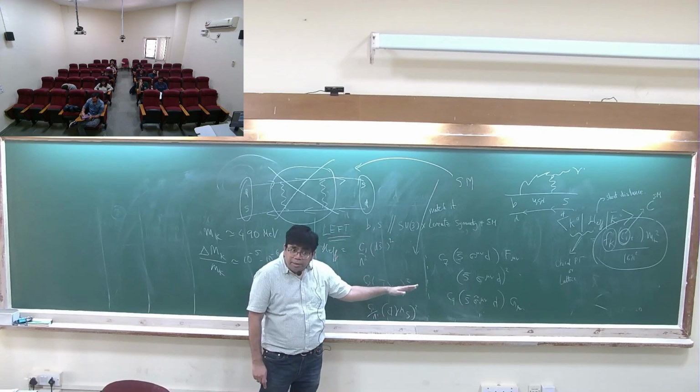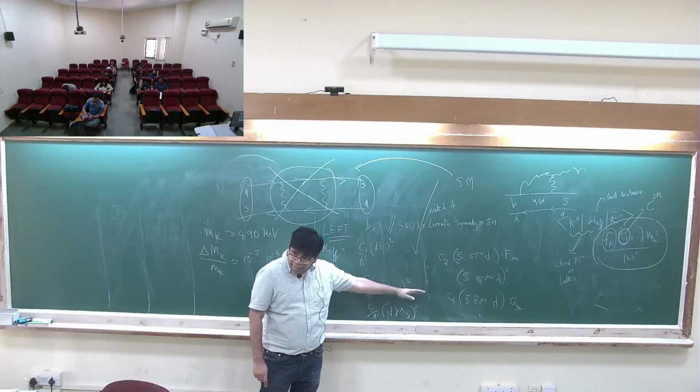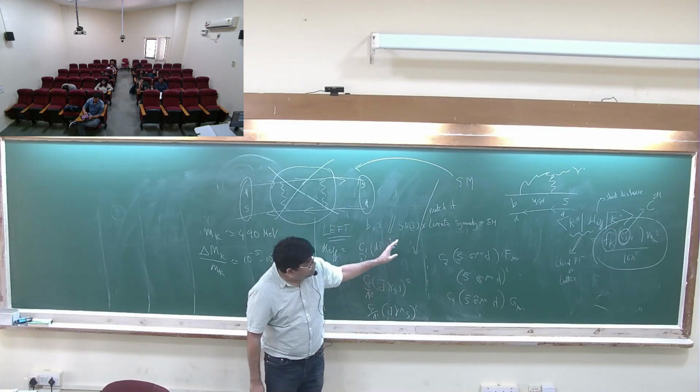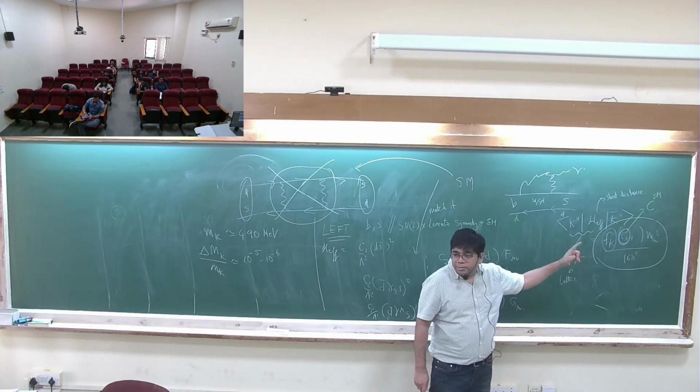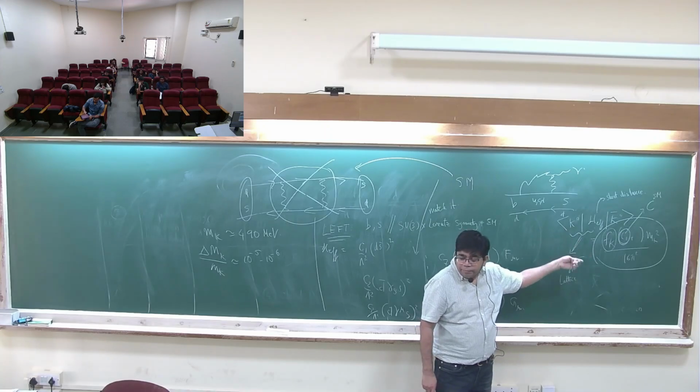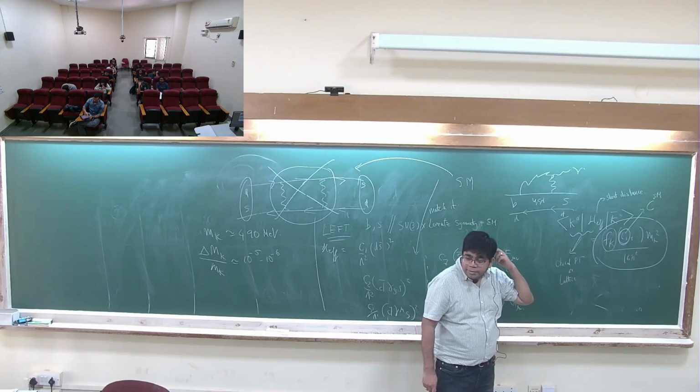There is Bd Bd bar oscillations. For all of them there is only one effective field theory. For each process you do this matching and fix the corresponding matrix element.